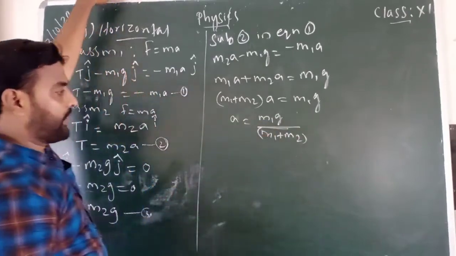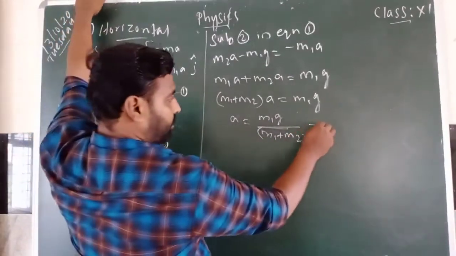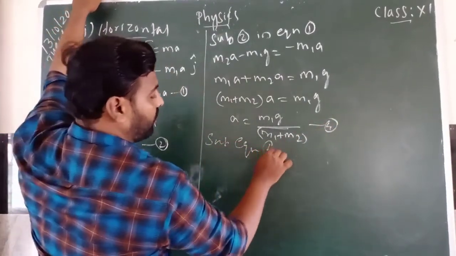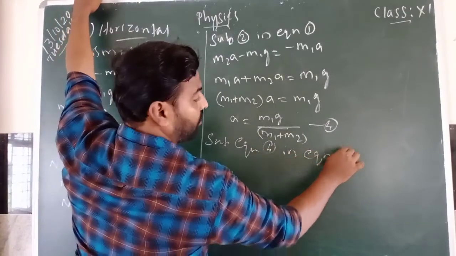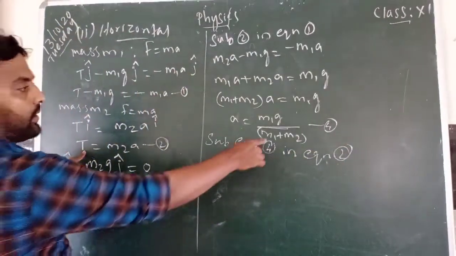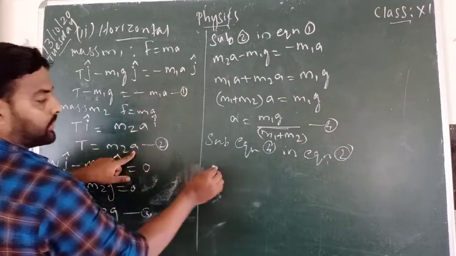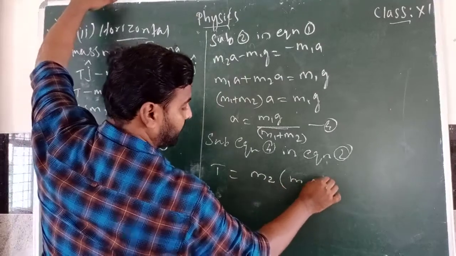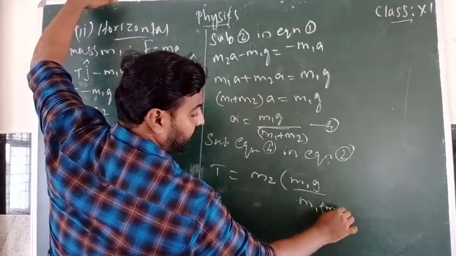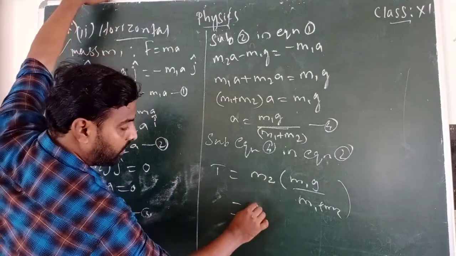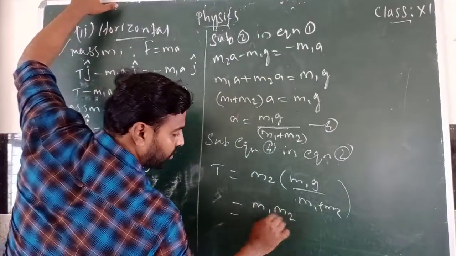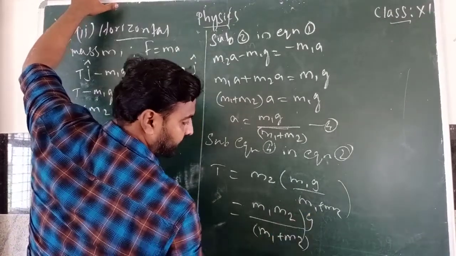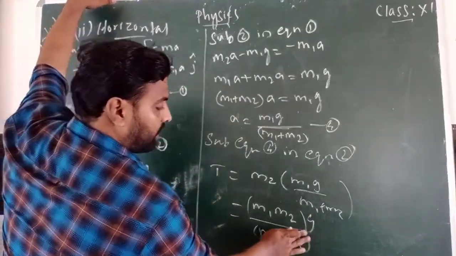This is the acceleration, equation 4. Substitute equation 4 in equation 2: T is equal to M2 into M1G by (M1 plus M2), so T is M1 M2 divided by (M1 plus M2) into G.